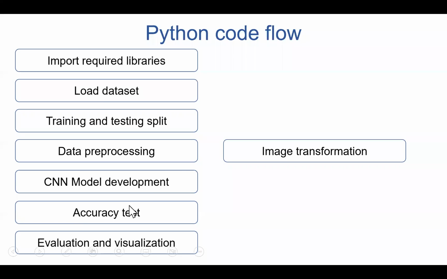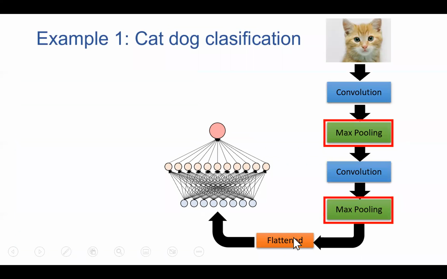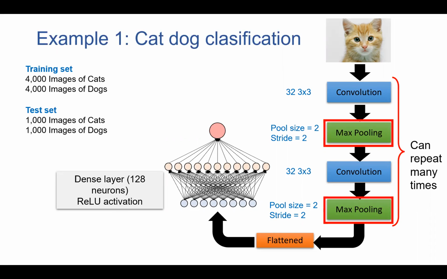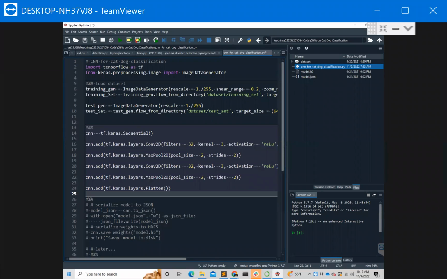Oh boy, we're running out of time. We have run out of time. So we flatten, and then our flatten array, and then we are just simply going to create a dense layer of 128 neurons with ReLU activation function, right? So let me just do this, and I'm going to stop, and we will continue developing our convolutional neural network on Monday, okay?